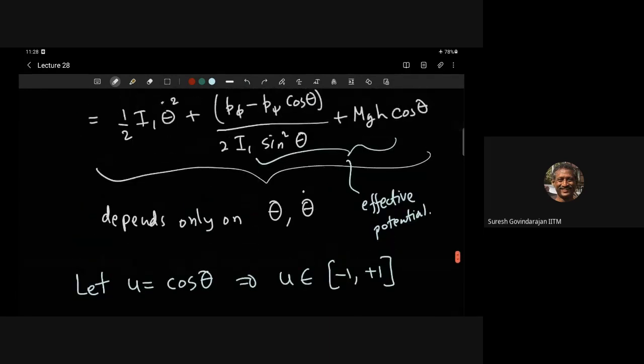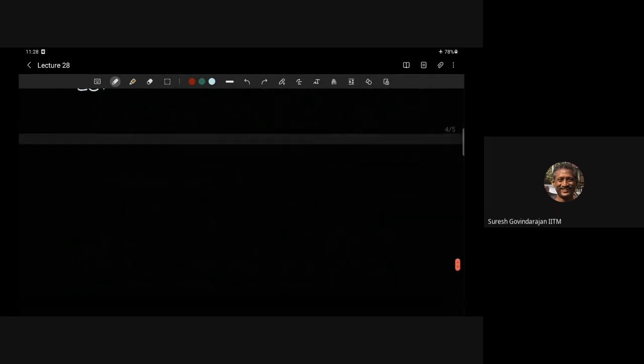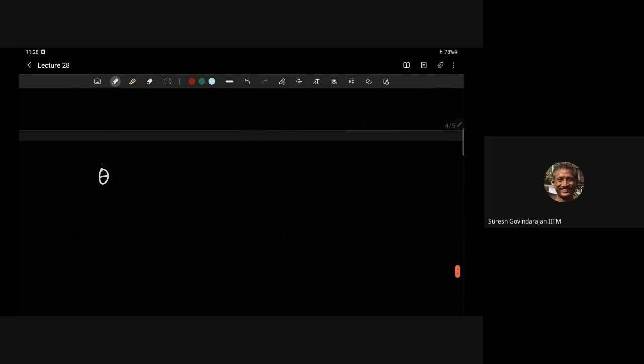Okay, good. The idea here is we just want to write it in terms of u. So what is theta dot? It is d theta by dt, which is equal to du by dt times d theta by du.